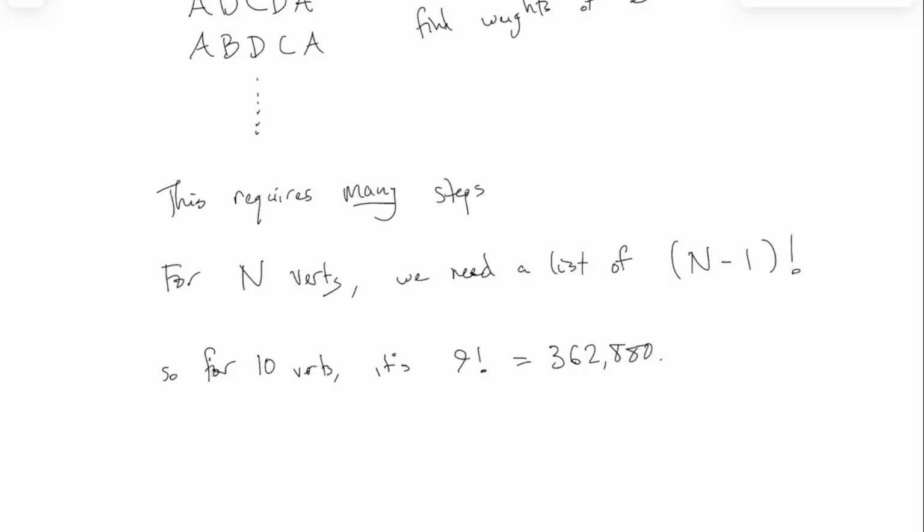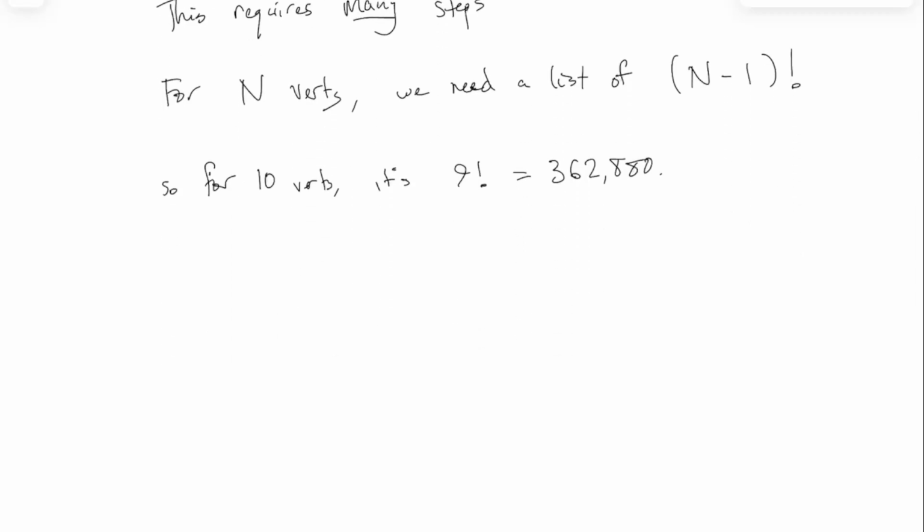And if you had 100 vertices, it would be like some outrageously big number. Way too big, certainly way too big to do by hand, but even using a computer, these numbers are too big to handle. So even with computers, something like n equals 100 is unworkable.